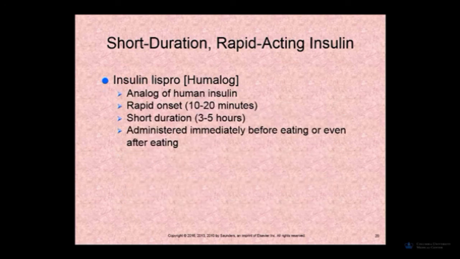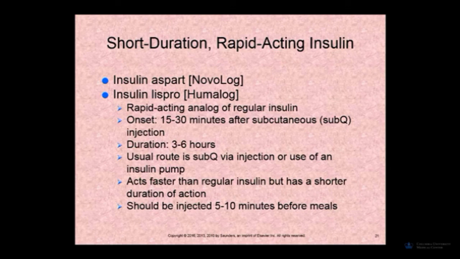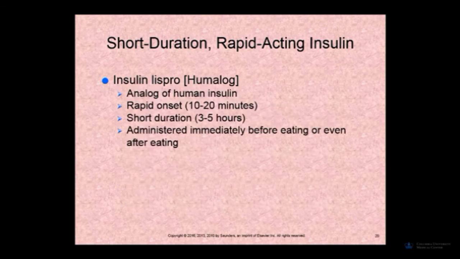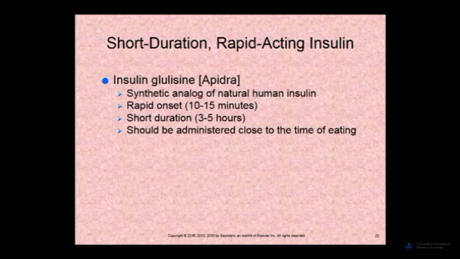You think this is aspart and this is lispro? Well, I will check on that. According to the book? Okay. I'll double check and I'll clarify it. I promise. All right.